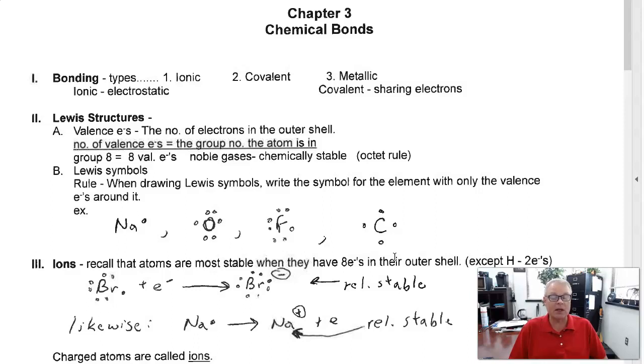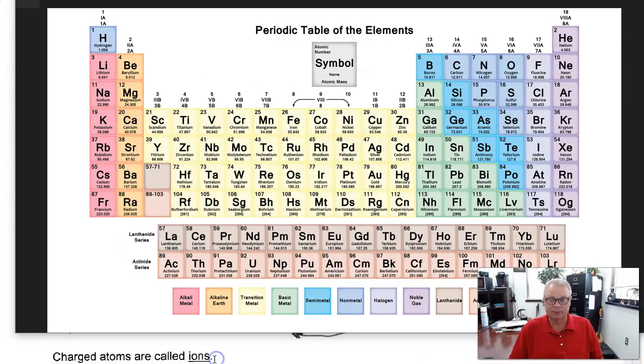All right. So how do I know the number of valence electrons an atom has? Well, I could write the electron configuration or do the orbital diagram and see where the outer electrons are, but maybe there's an easier way, and there is. The number of valence electrons is equal to the group number the atom is in. It's that simple. All you've got to do is look at your periodic table and look at the group number.